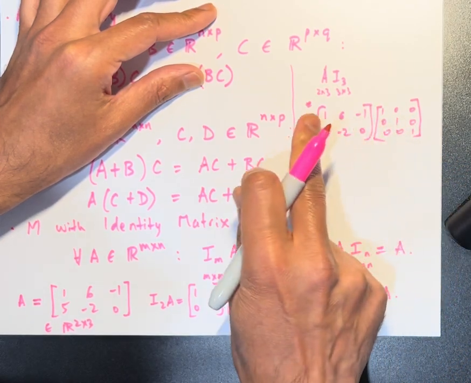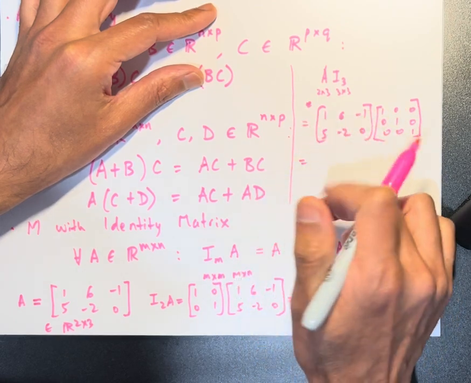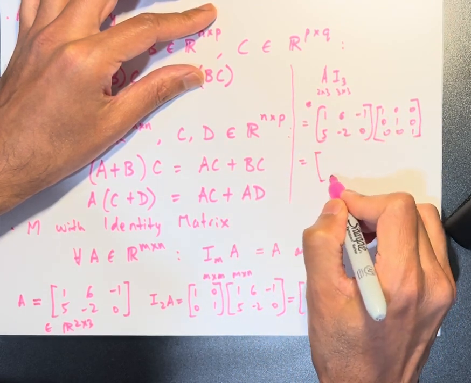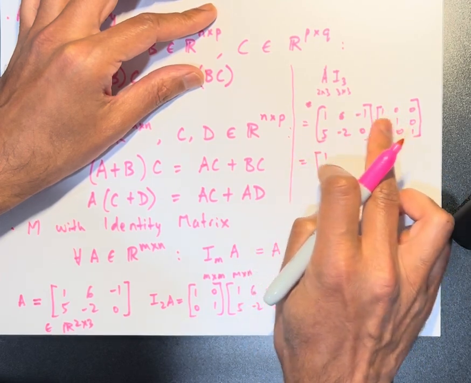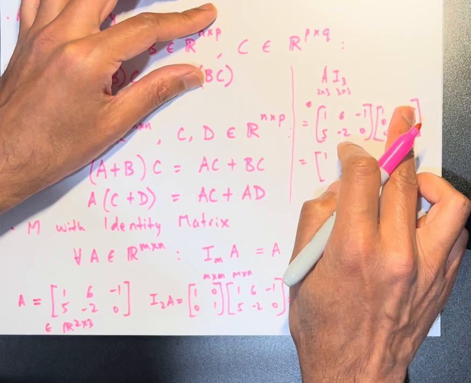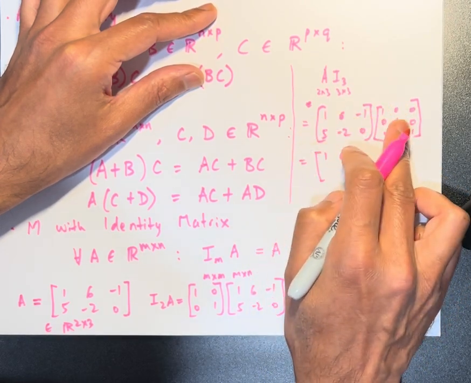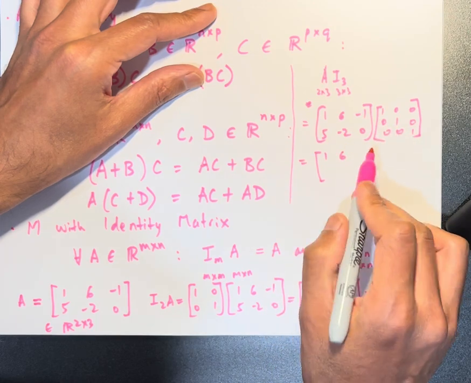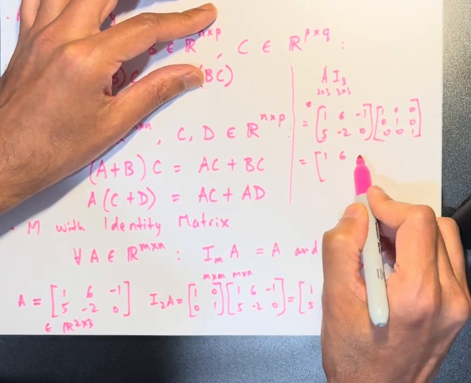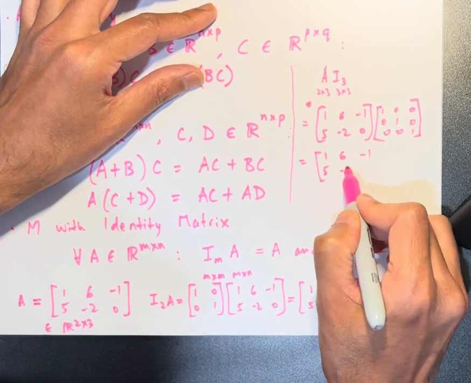Again you can see all this is going to do is take this, and these two are 0, so only the 1 is going to come back, because it's 1 times 1 plus 6 times 0 minus 1 times 0, you add them up, you get 1. The same thing here, only the second element exists, because 1 times 0, 6 times 1 plus minus 1 times 0, the others cancel, and then here only the last element exists, and same thing here, so 5, minus 2, 0.